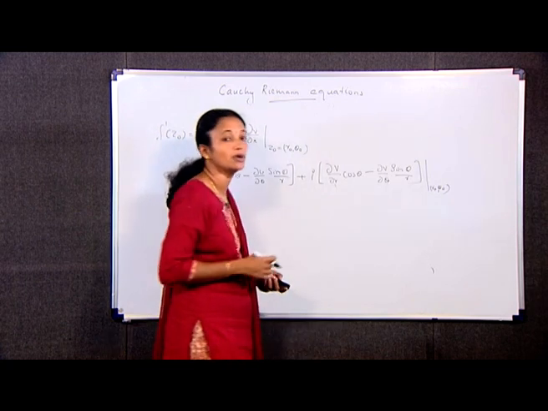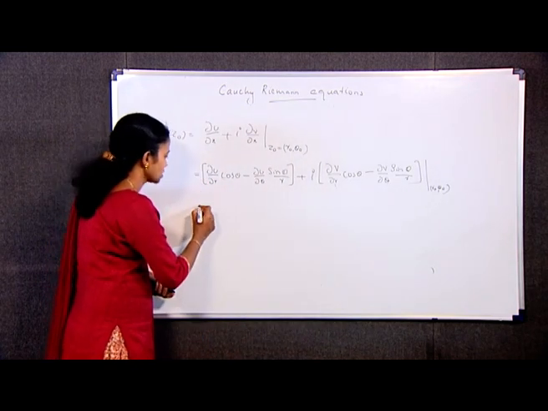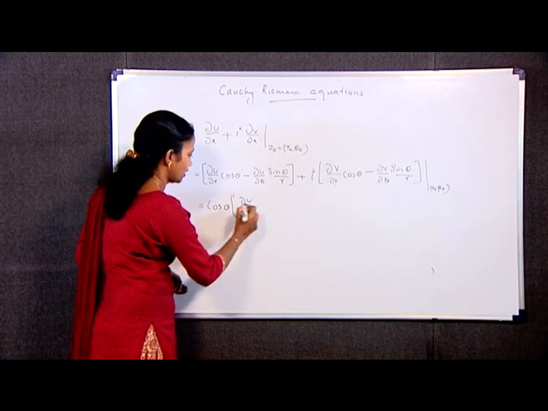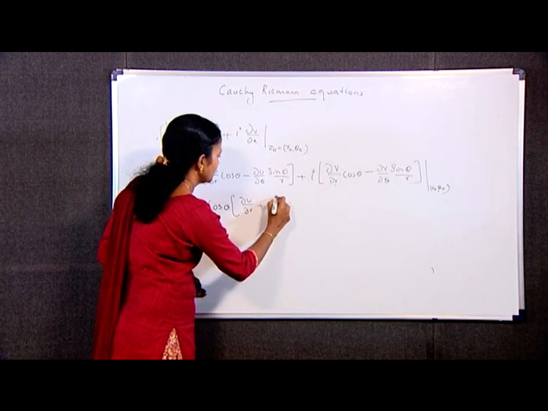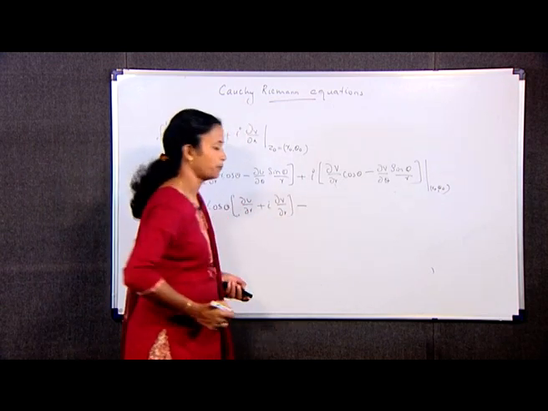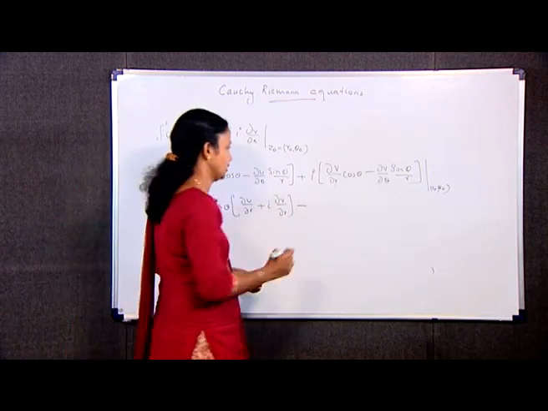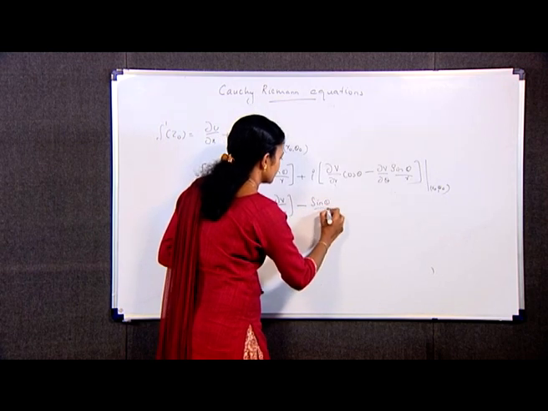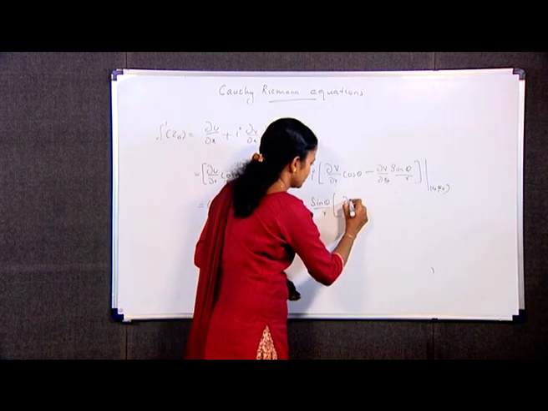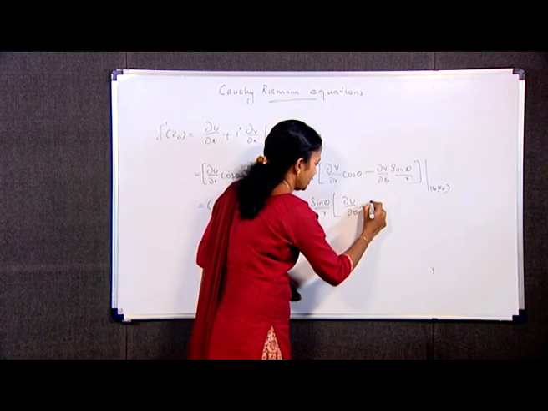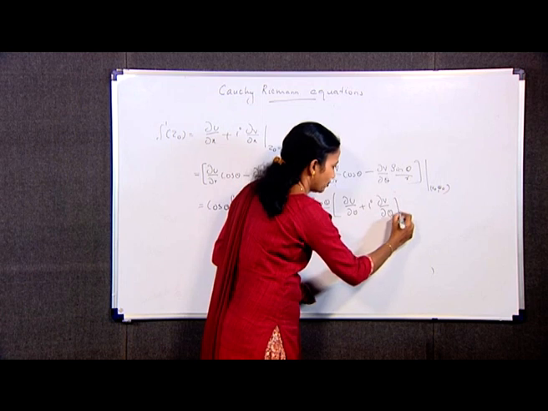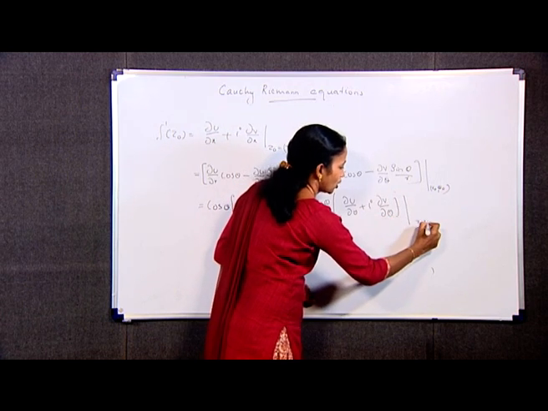Which is equal to cos theta into dou u by dou r plus i into dou v by dou r, combining cos theta, minus sin theta by r into dou u by dou theta plus i into dou v by dou theta at the point z naught is equal to r naught theta naught.